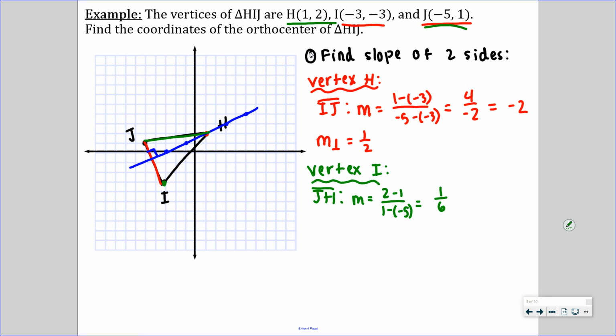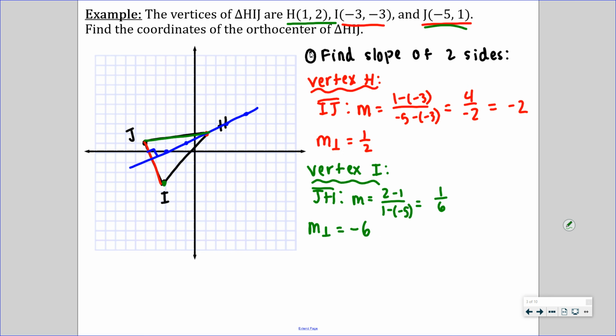Before you go any further, because these problems are really long, see if that makes sense. Does it make sense that I got a positive 1/6 for that green line? It's rising, and that's a slope that's pretty close to 0, so that line's going to be pretty flat, right? Okay, so what would the perpendicular slope be then? -6, opposite reciprocal. Good.